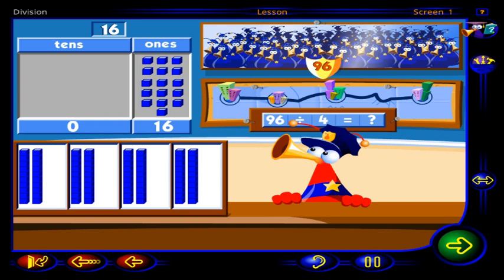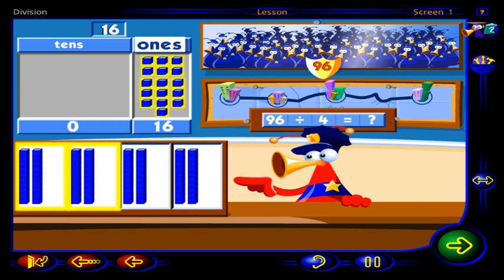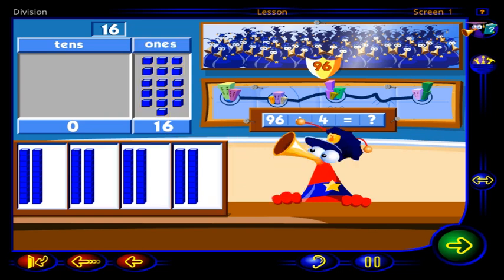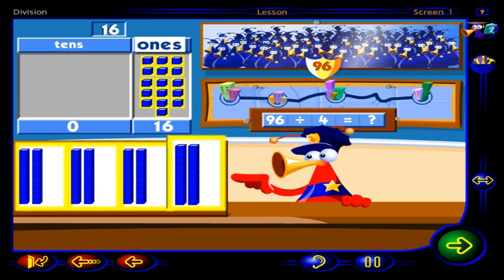What is the greatest number of ones you can put in each group so that each group has the same number of ones? Drag ones into each of these groups, then click OK.